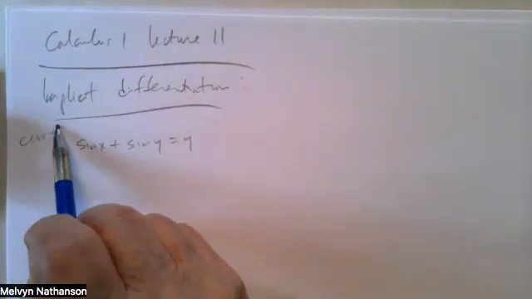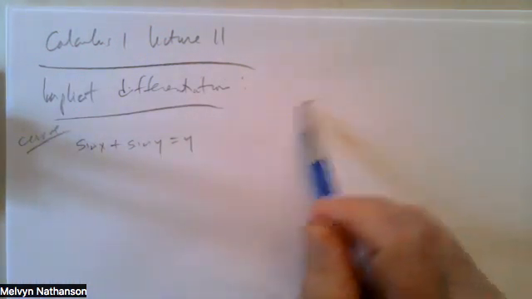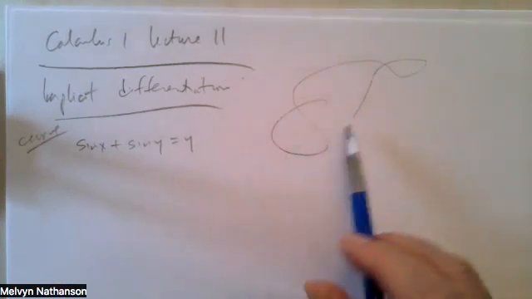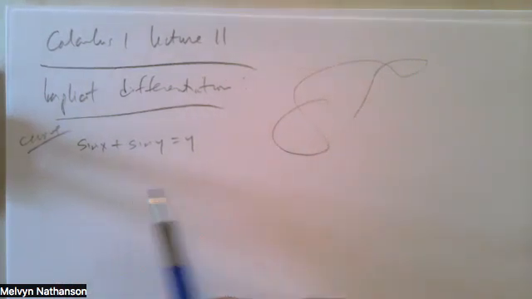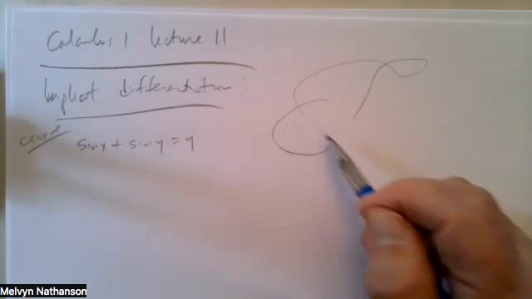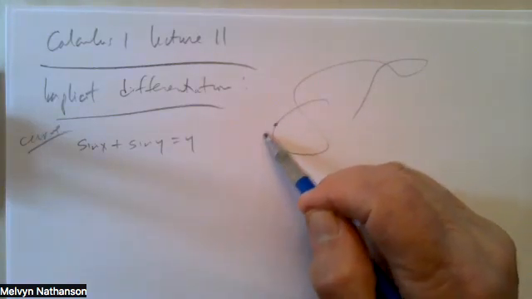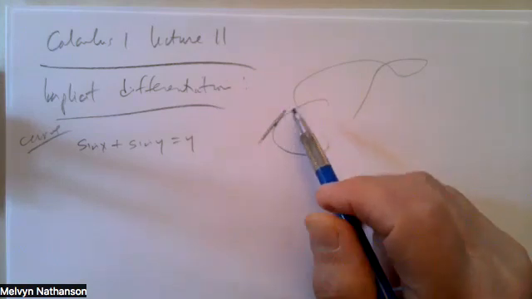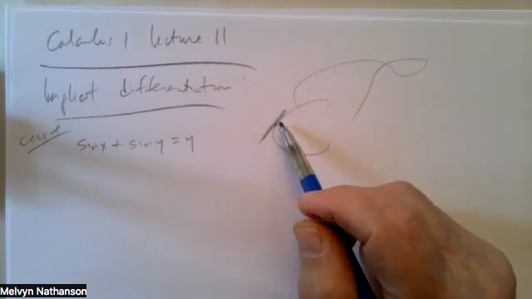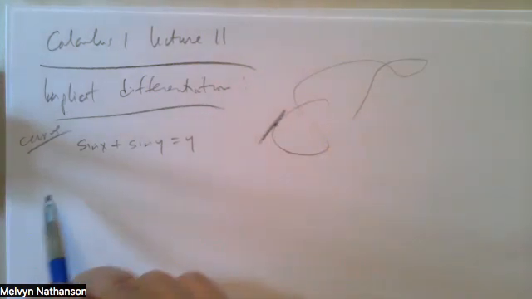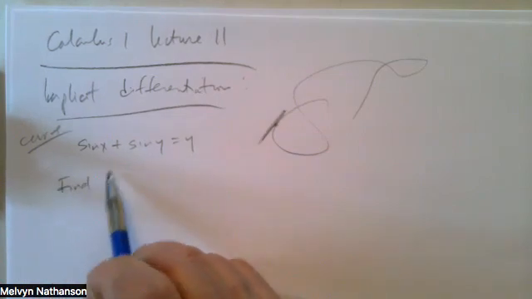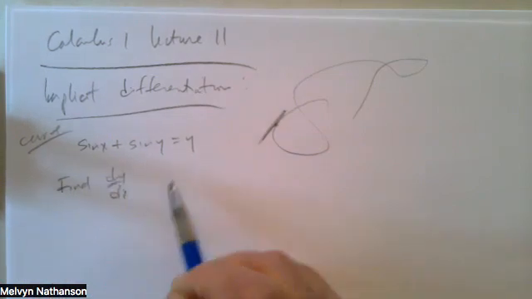So you can think of this as a curve. Whatever it looks like, it's all the points in the plane that satisfy this equation. And at any point in the plane, there is likely a tangent to the curve, and we want to be able to find the slope of the tangent, or the derivative. We want to find dy dx.